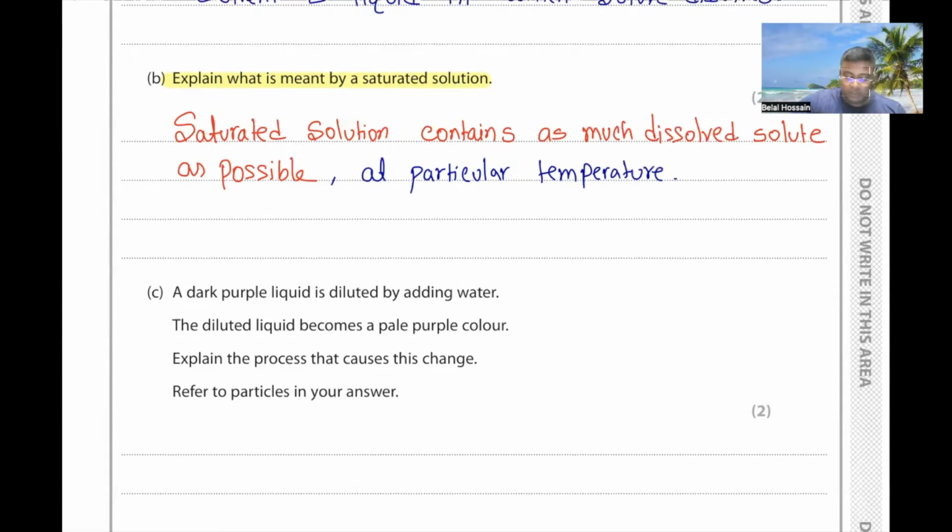Guys, the reason why we add a particular temperature is because a solvent has the ability to dissolve a certain amount of substance, or solute in this case. If we increase the temperature, we will also increase that solvent's ability to dissolve more substances. That's why it has to be measured with a particular temperature in mind.